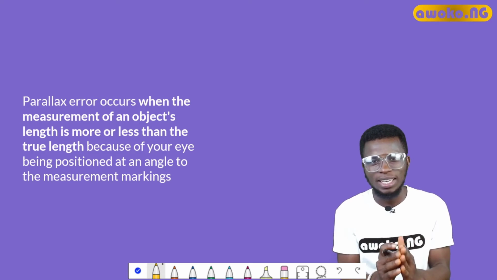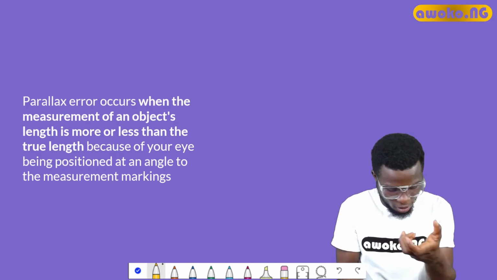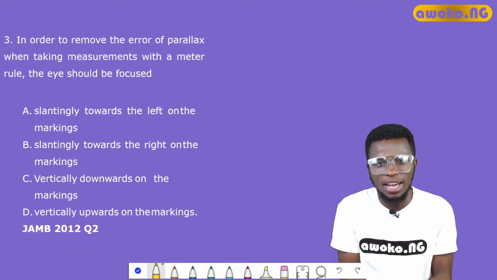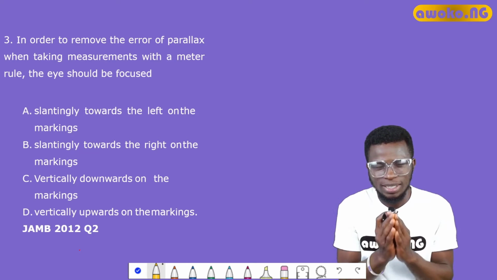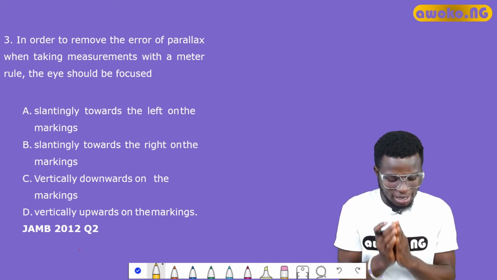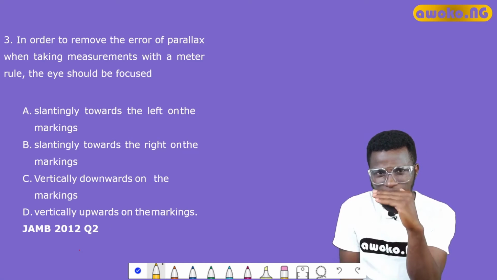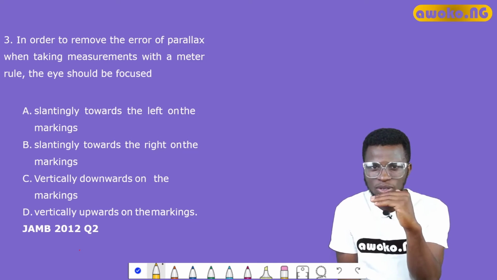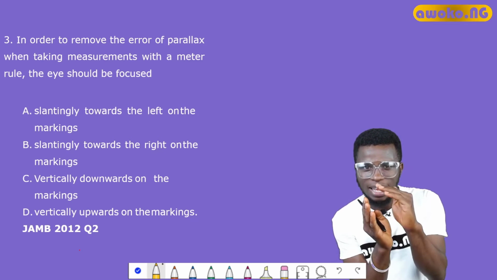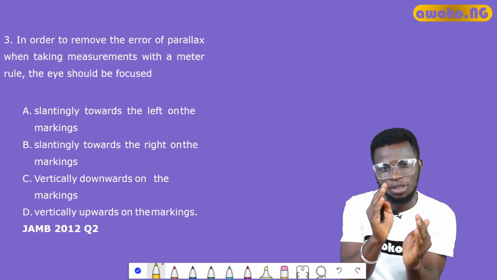So while taking measurements from a meter rule, it is advisable to stand vertically and focus your eyes vertically downwards on the markings, so that your eyes do not see it slightly above or slightly below.